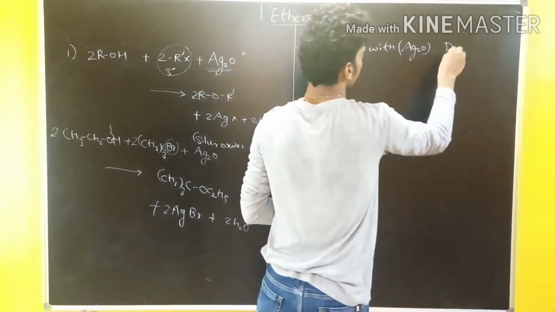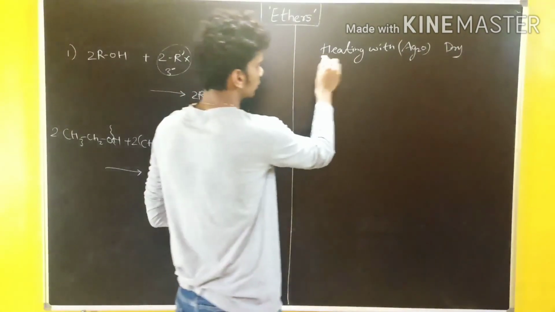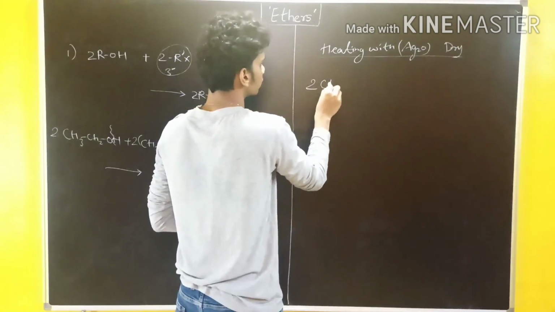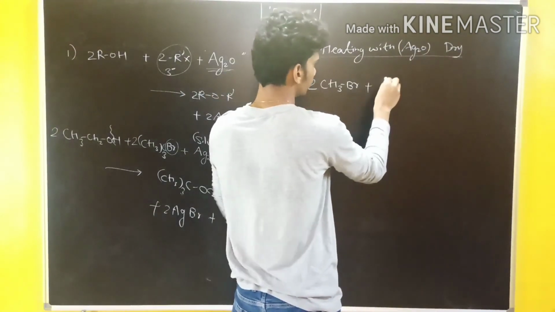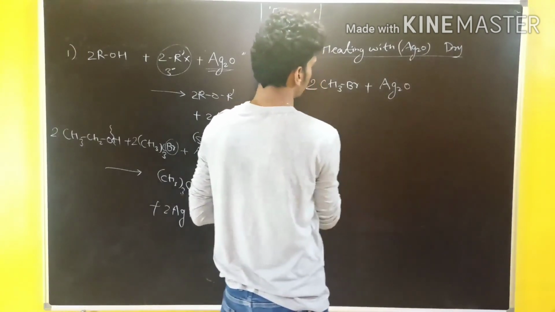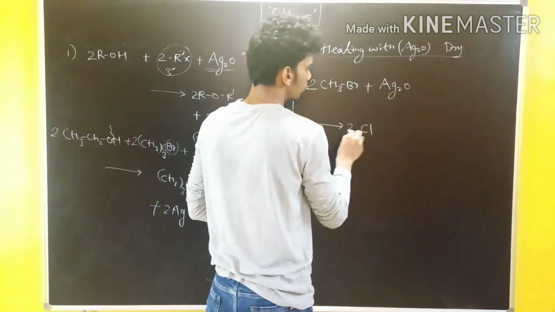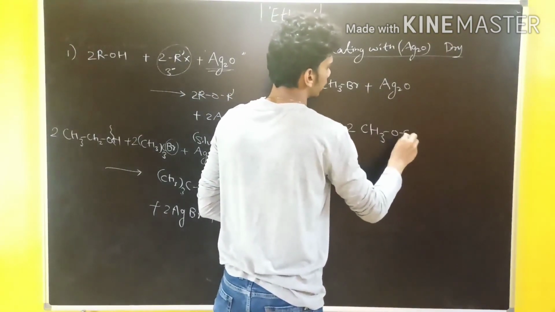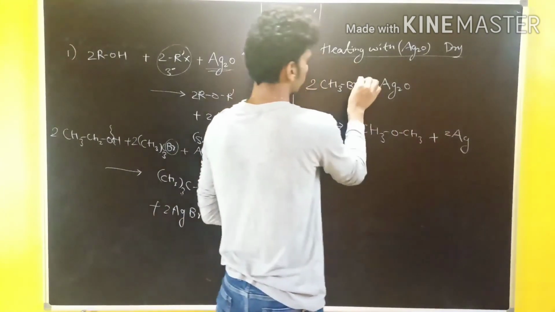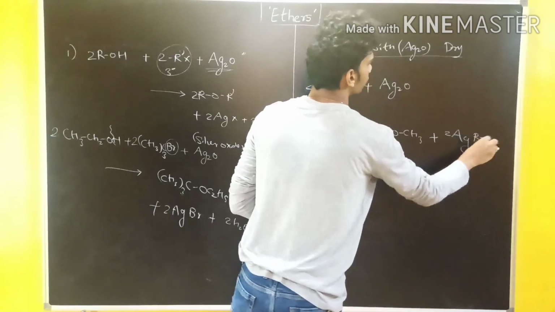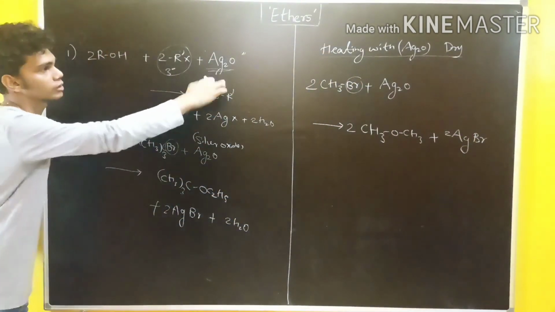See, here we get a mixed ether, but in this case, if I use two molecules of CH3Br along with Ag2O, the reaction proceeds and will lead to the formation of two molecules of dimethyl ether along with two molecules of AgBr, the leaving group. So in this method, we can use a tertiary alkyl halide, but silver oxide we have to use.